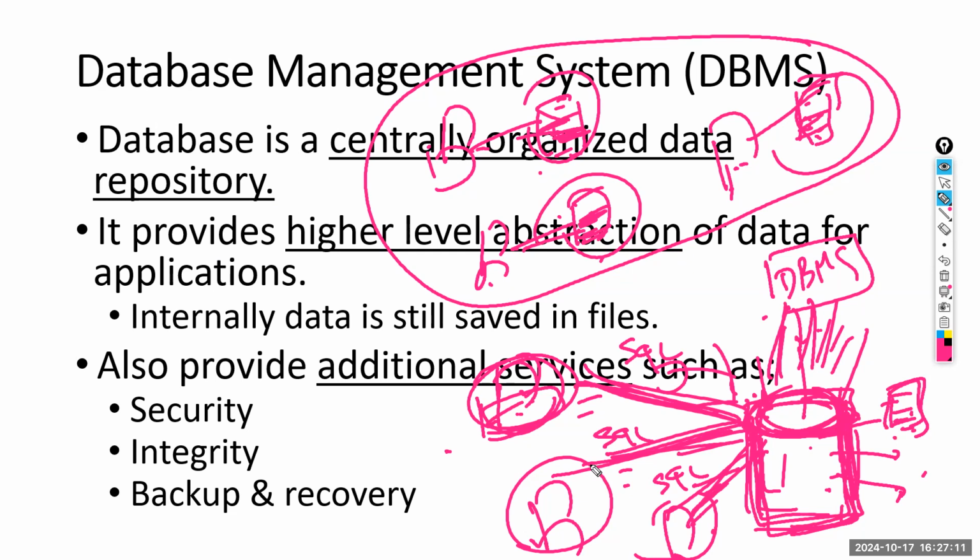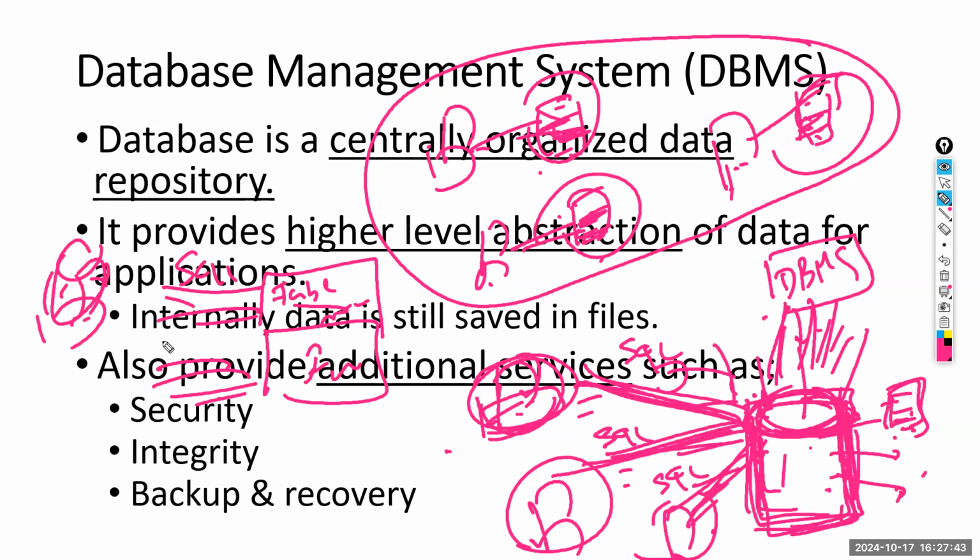So if someone asks what the advantages of a DBMS are, the number one I will give is that a DBMS gives a high level abstraction for the programs to communicate with. Files are below, but the DBMS provides a high level abstraction where you have concepts of tables, relationships, and so on, and lets you work with SQL rather than directly work with file handling, which is more convenient for your applications.